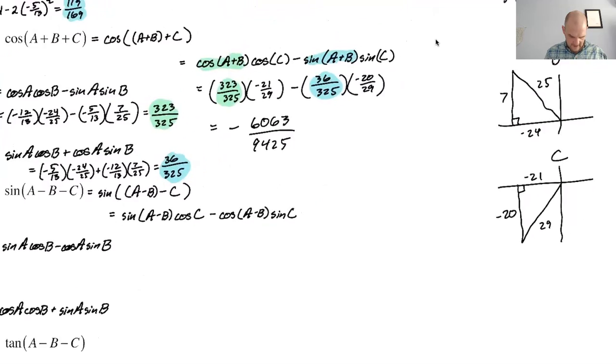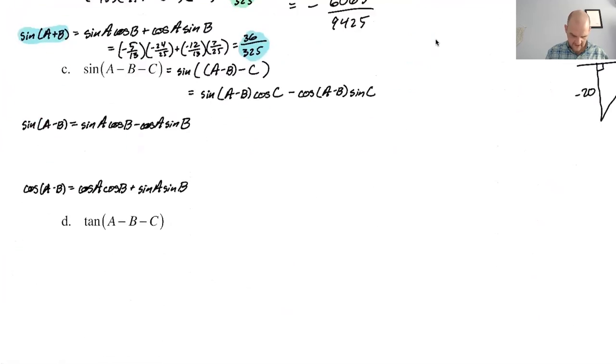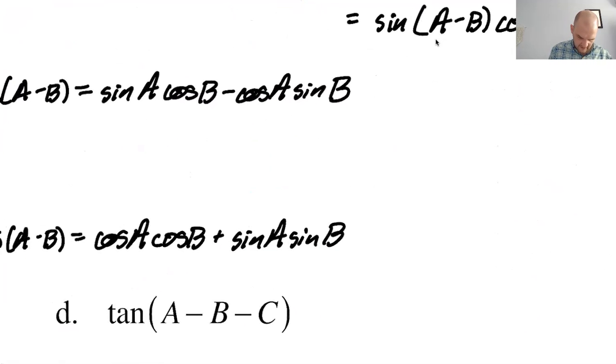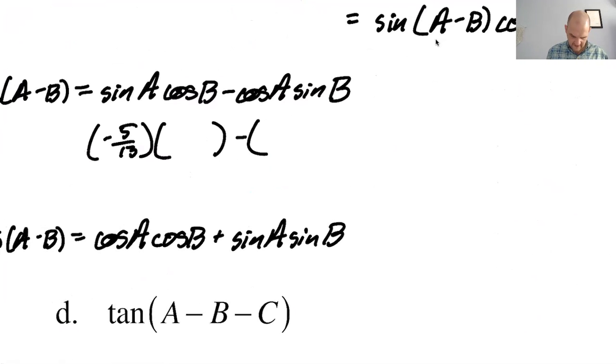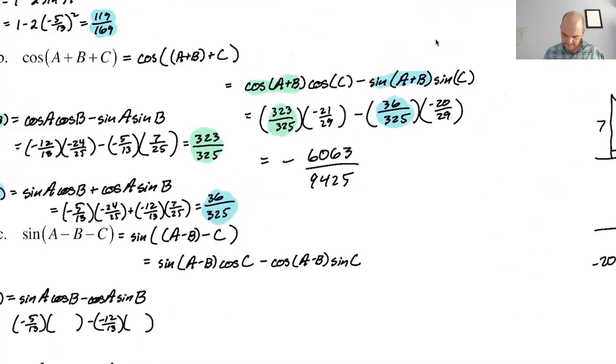So sine of A is negative 5/13. Then I'll find cosine of A. Oh, because it's quadrant 3, negative 12. I want that one really badly to be in quadrant 2 for some reason. I don't know why. So let me just check those.